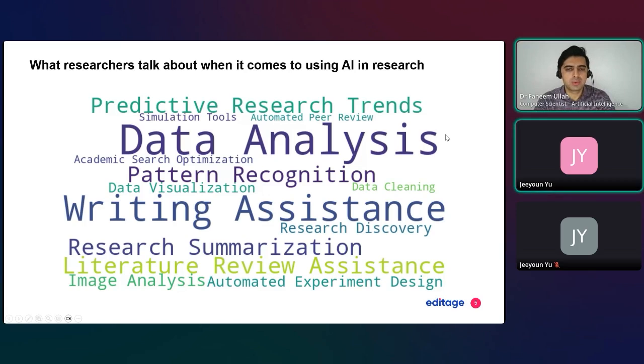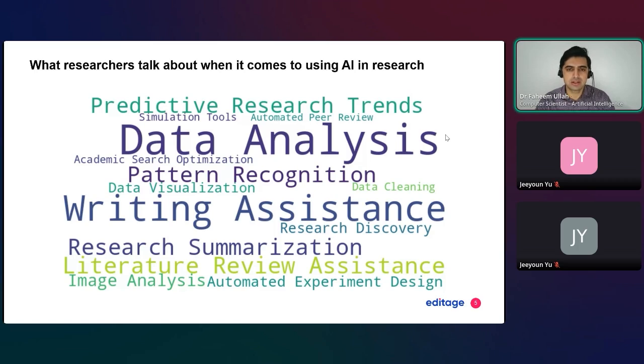So when it comes to the use of AI, what are the different purposes for which AI is generally used in research? It is used for the analysis of data. It is used for the writing of research papers, research grants, research proposals. It is used for research summarization.